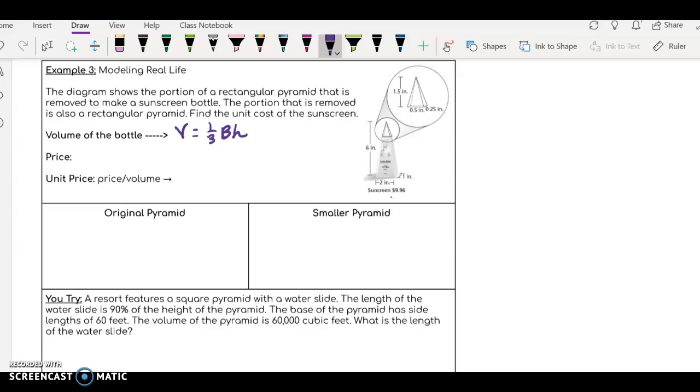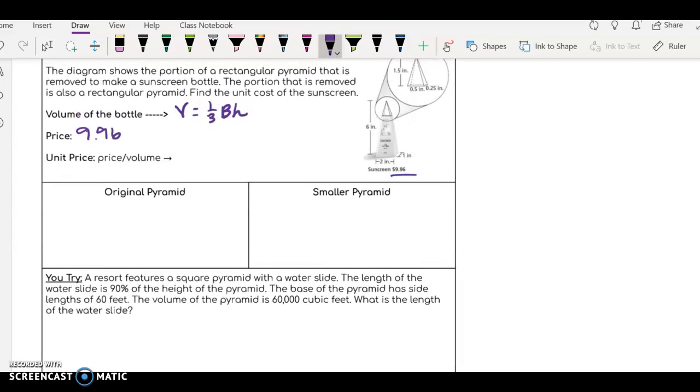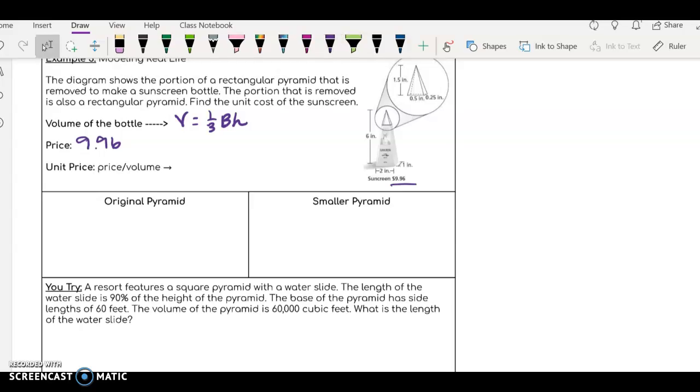The price, it says, is $9.96. So we want to know the unit price per volume. So first let's look at the original pyramid. Oh, sorry, I forgot the last part.